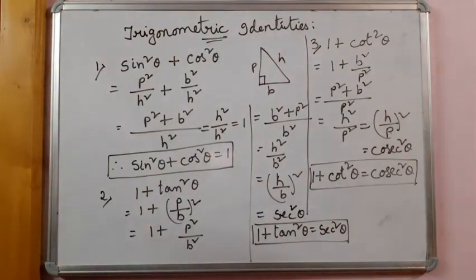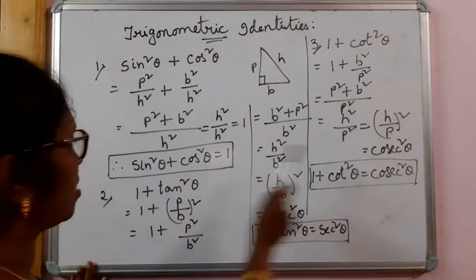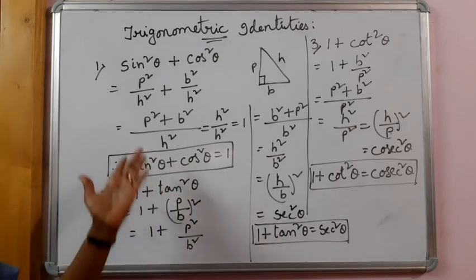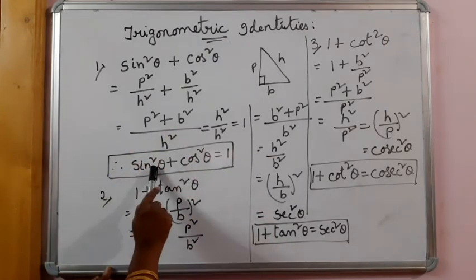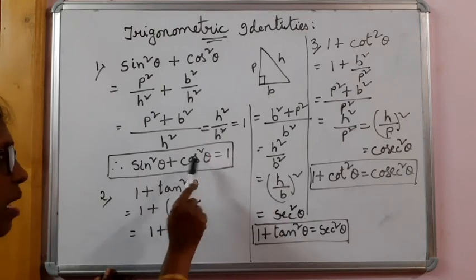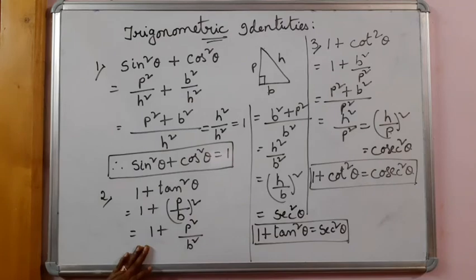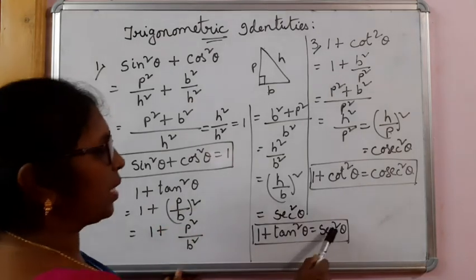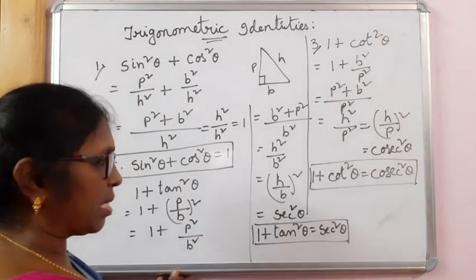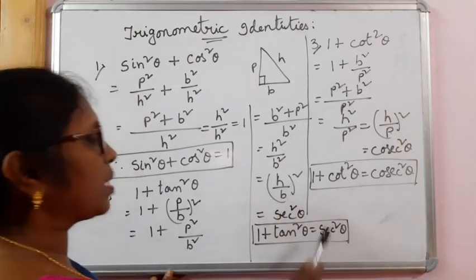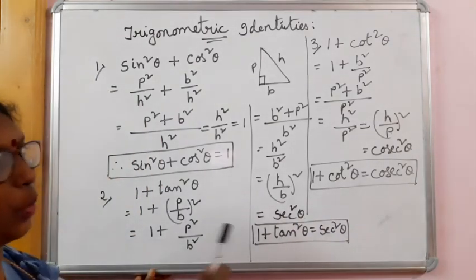So these are the three main identities. Sin square theta plus cos square theta is 1, and from here we can have two more: sin square theta is 1 minus cos square theta, or cos square theta is 1 minus sin square theta. In the same way, 1 plus tan square theta is sec square theta, which means tan square theta is equal to sec square theta minus 1, or sec square theta minus tan square theta is equal to 1.